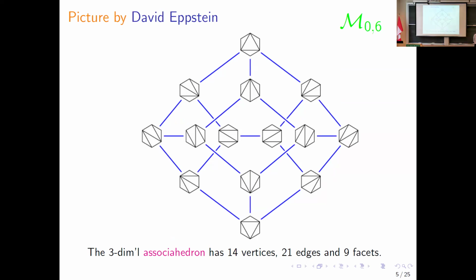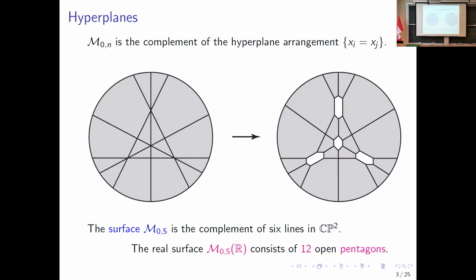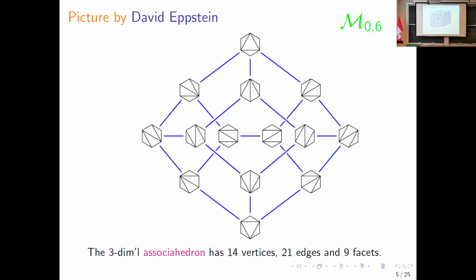The vertices correspond to the triangulations of a hexagon in the plane. And as I said, 14 is the Catalan number, and of course related to the Temperley-Lieb algebra and many, many things. So the combinatorics of M0N has these associahedra.